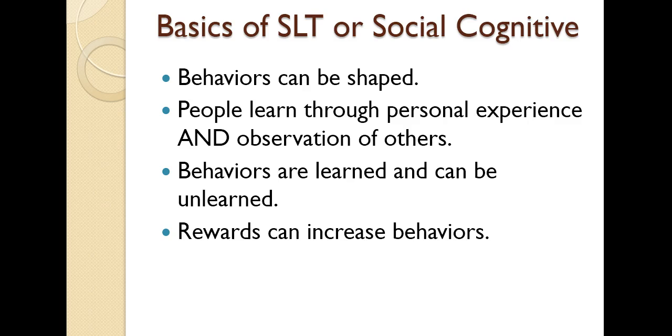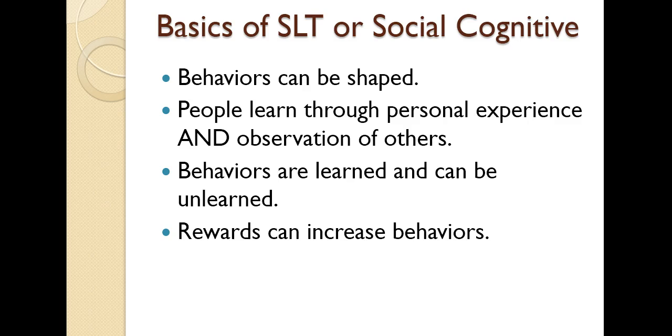Theorists in this area believe that people learn through personal experience and observation of others. If I watch someone get seriously injured and have a traumatic brain injury because they were not wearing a seatbelt, I can learn by observing that. I don't have to have a serious accident and traumatic brain injury to say, hey, maybe I should wear a seatbelt.